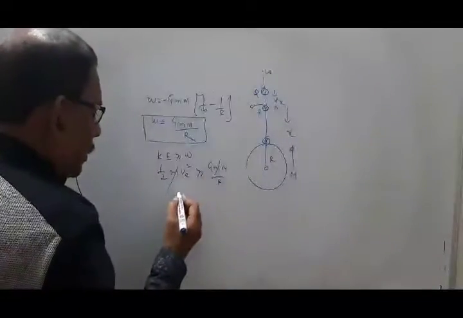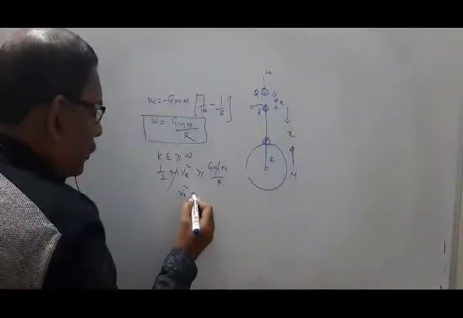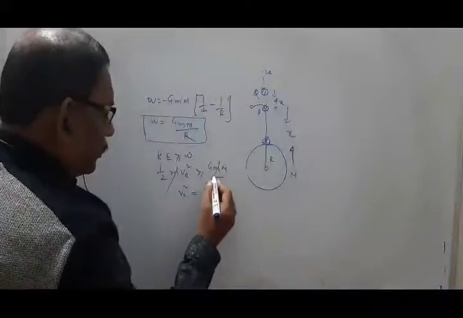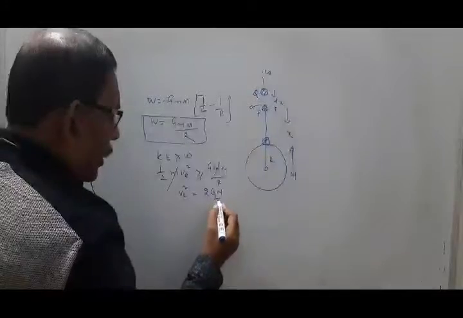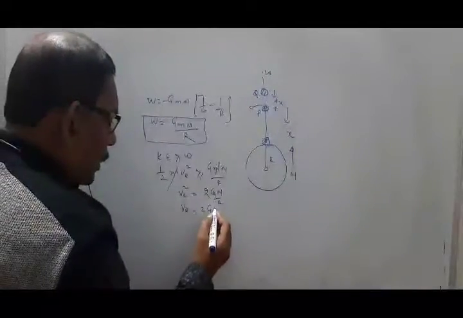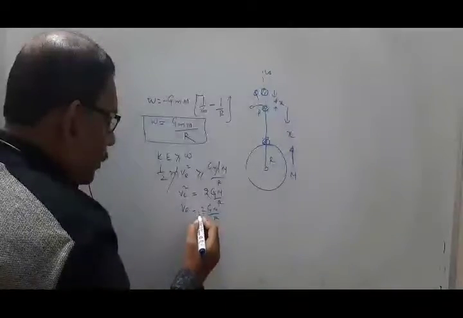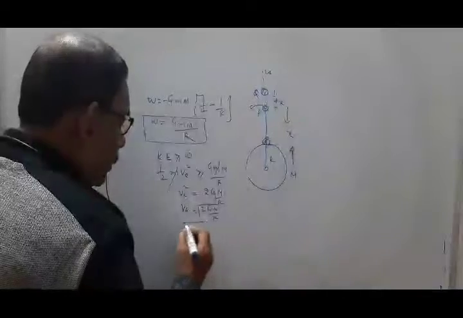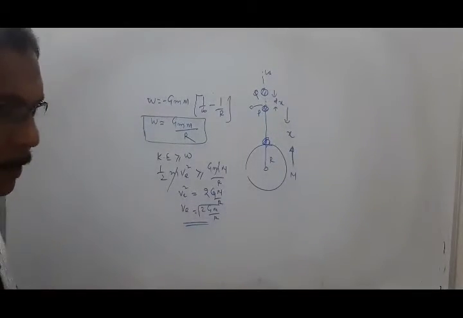Cancel this factor m and equalize, v_e² = 2GM/R. Then v_e = √(2GM/R).